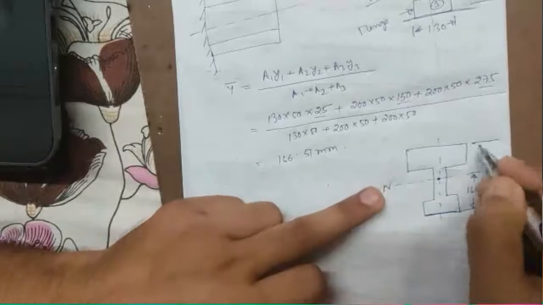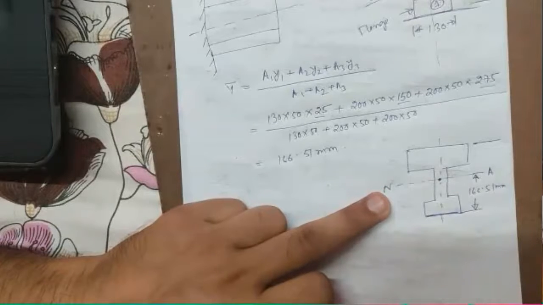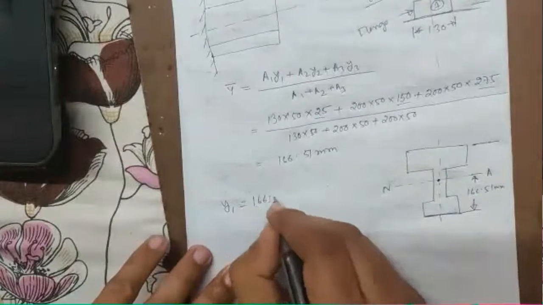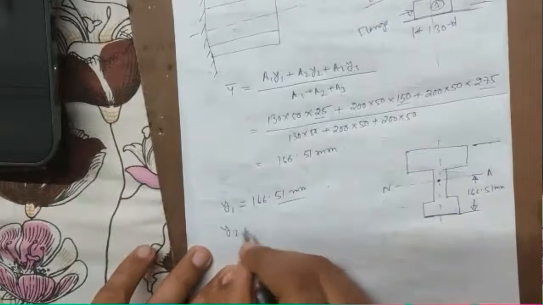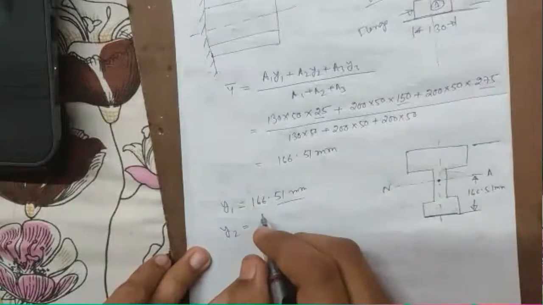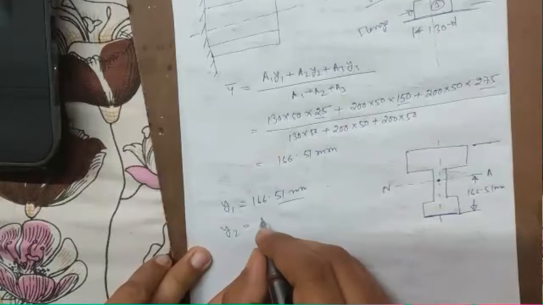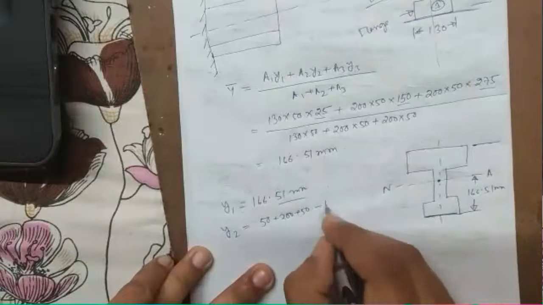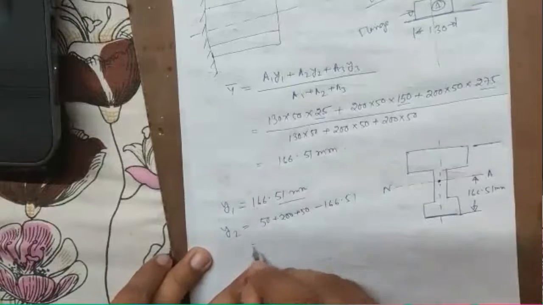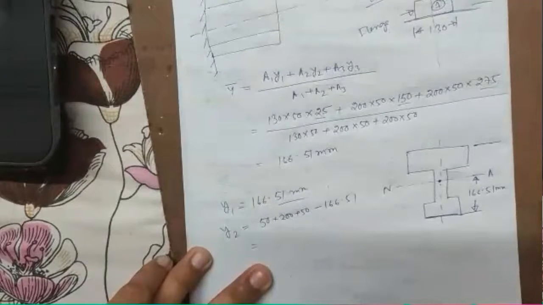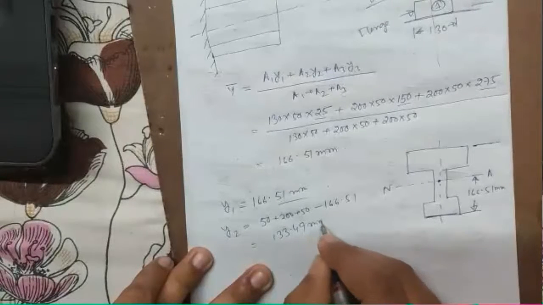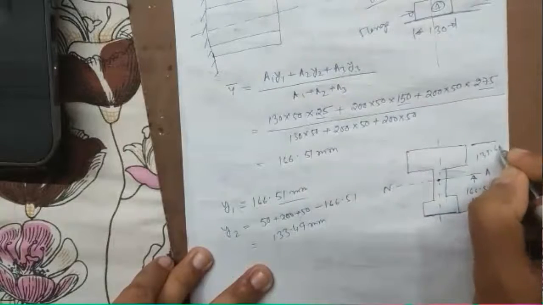So y1 equal to 166.51 millimeter, then y2 will be 50 plus 200 plus 50, which is the distance from here to here, minus 166.51, and that will give us 133.49 millimeter.